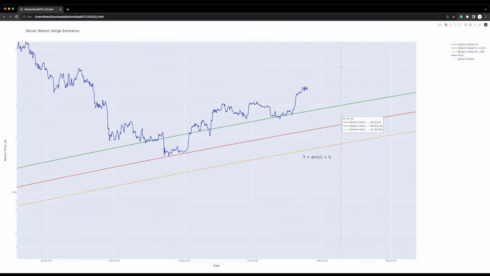The market is expecting that the Bitcoin spot ETF will be approved in January 2024 with 90% probability.